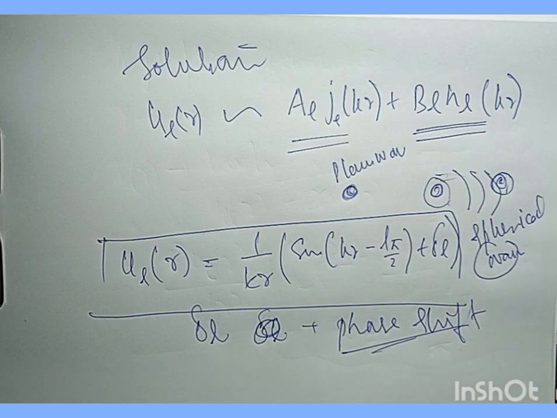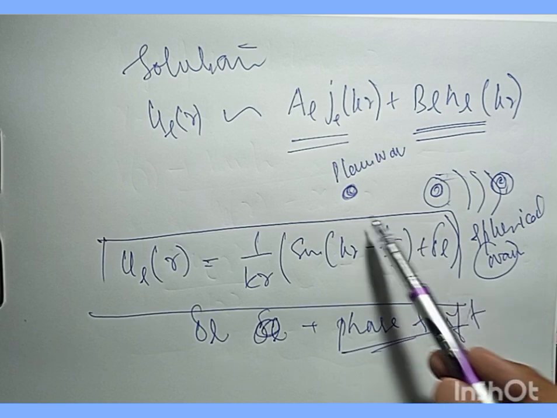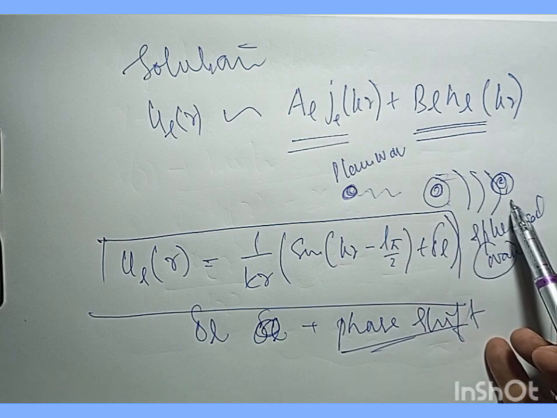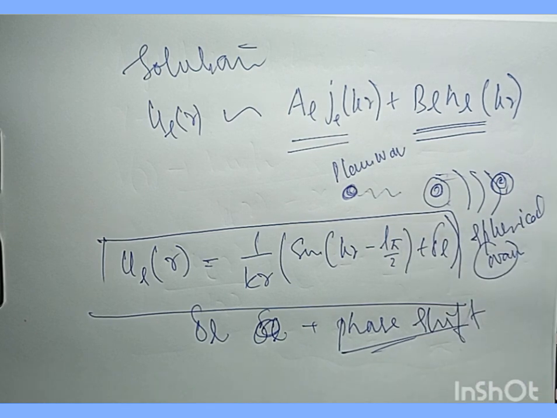Now, the total wave function at large r is given by the superposition of this incoming wave and the outgoing wave. So there is superposition between the waves.